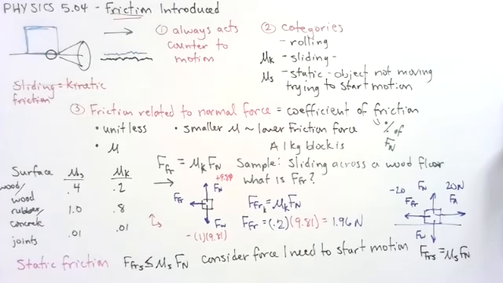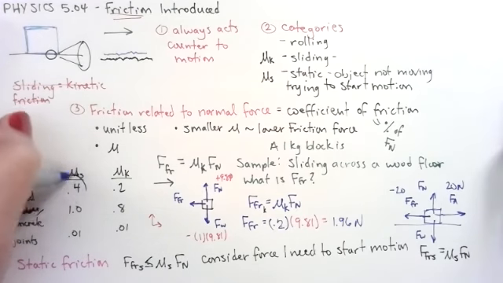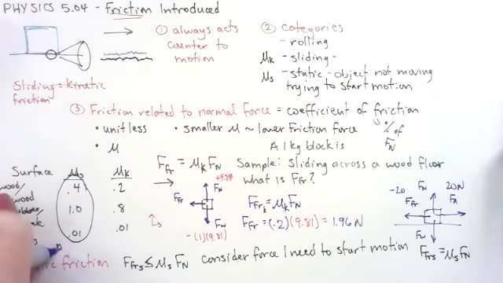And that means that these values are max values. You can have a static friction force that's less than this, but that's the max, because when we talk about these, we're talking about when motion gets started. These are pretty consistent for kinetic because once I'm sliding, it usually doesn't change unless my material changes.